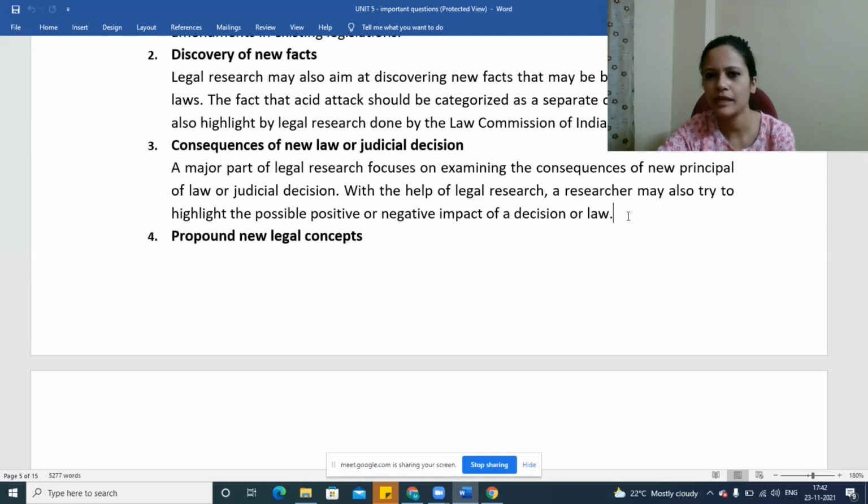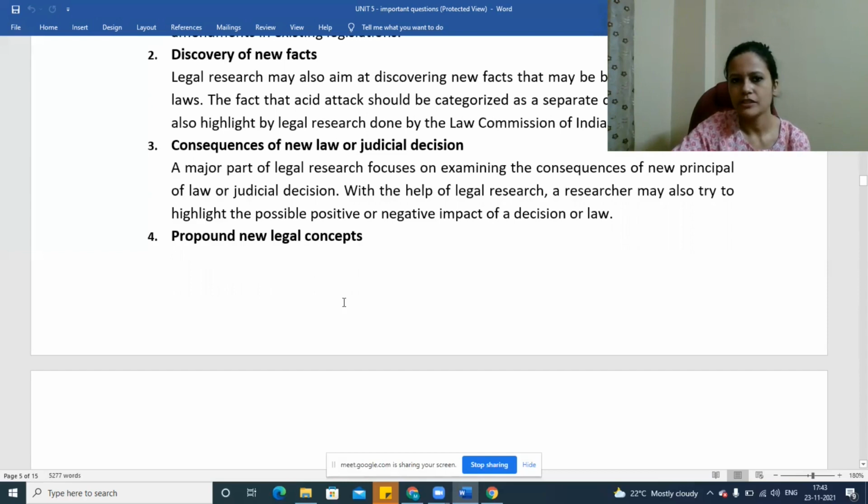People might not be able to focus on their cultivation. Farmers might be busy protesting. Someone may lose their life. Everything might be a legal research. Or they may ask, what will happen if it is applied, 2 years, 3 years later? That also can be a research. Any area we can take up.